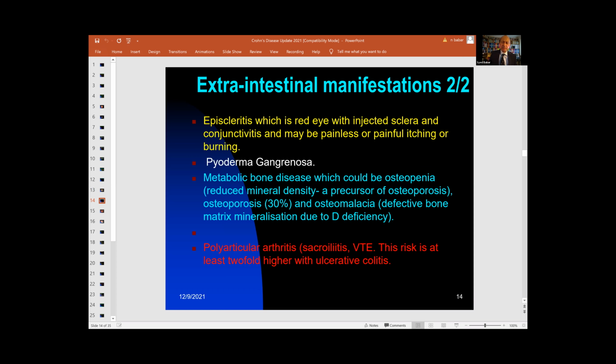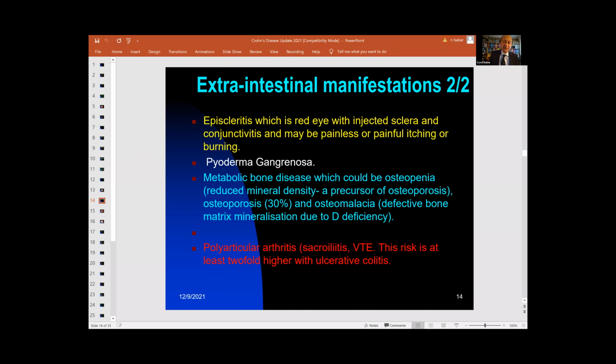Involvement of the eye is also common, and obviously it is a recognized complication of Crohn's disease. And we'll look at a picture. Pyoderma gangrenosum is also another feature.